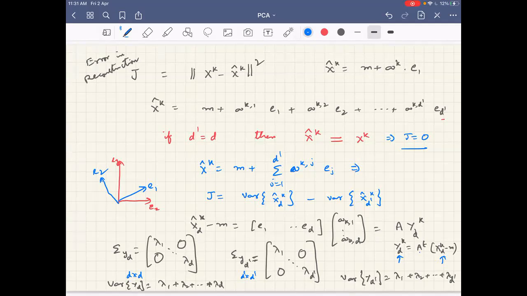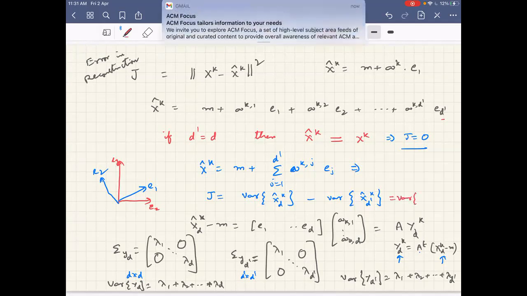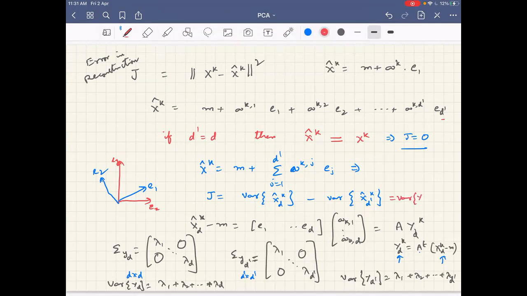So approximating this with respect to the variance of y d minus variance of y d dash, we can write this as summation i equal to 1 to d lambda i minus summation i equal to 1 to d dash lambda i.